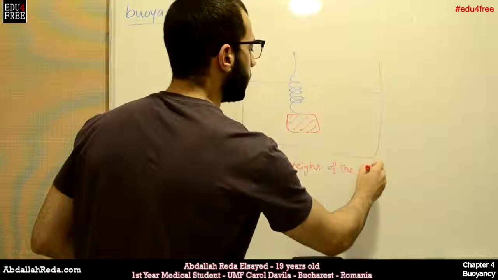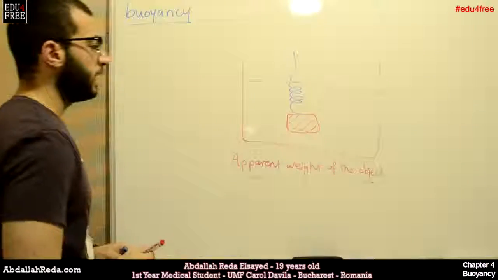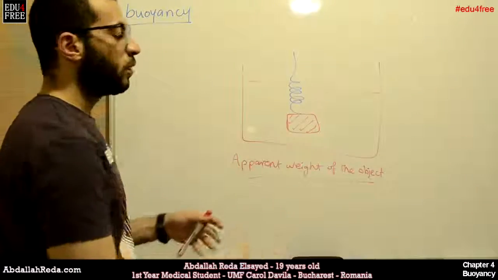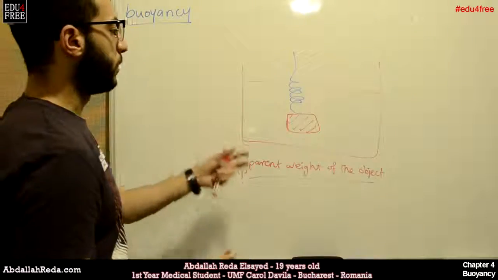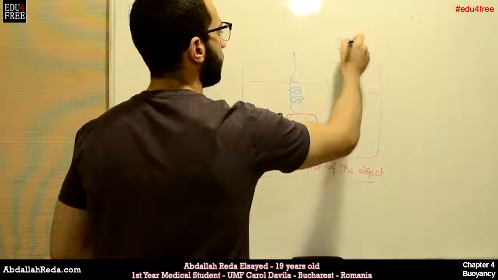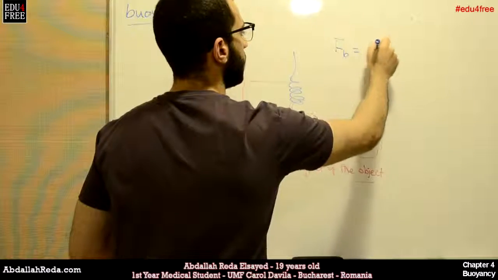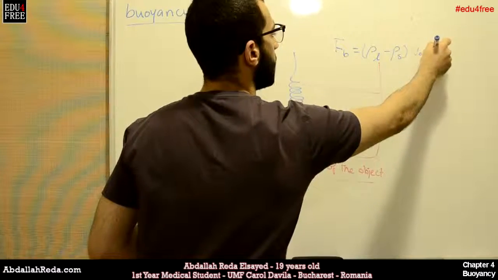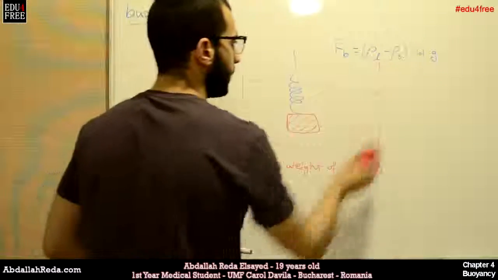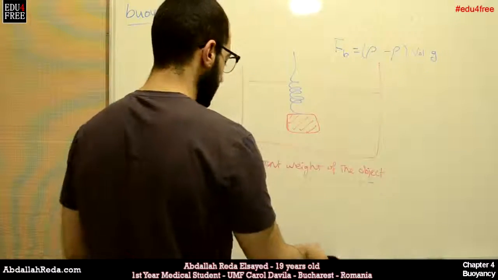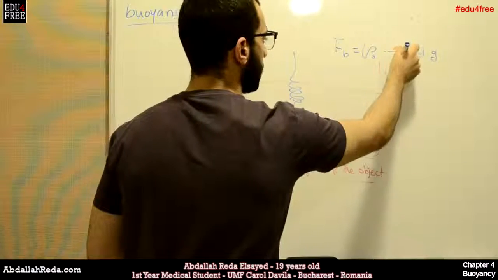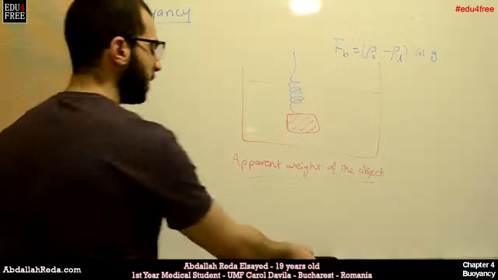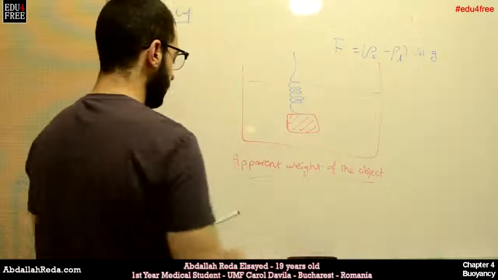So this is not really the weight of the object, but this is the weight that we see if something like this happens, and this weight can be calculated with an opposite rule to the rule of buoyancy. So instead of saying F buoyancy equals the density of the liquid minus the density of the solid multiplied by the volume and the gravity, we flip these, so we have the density of the solid minus the density of the liquid multiplied by the volume and the gravity.